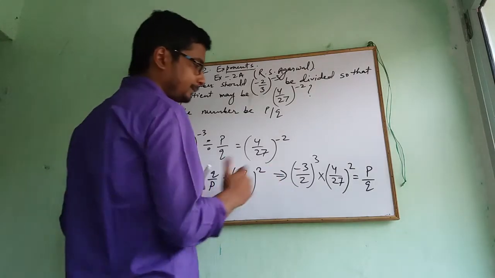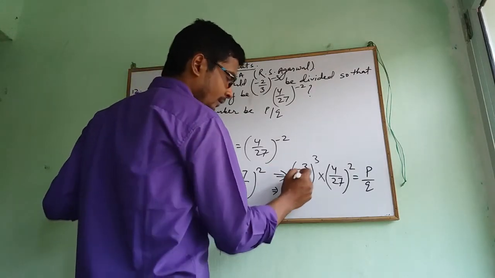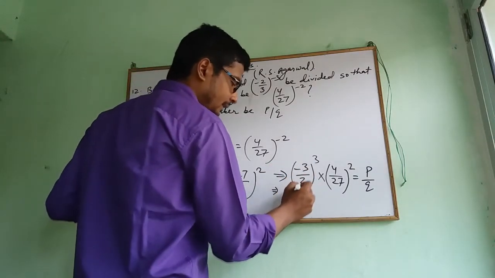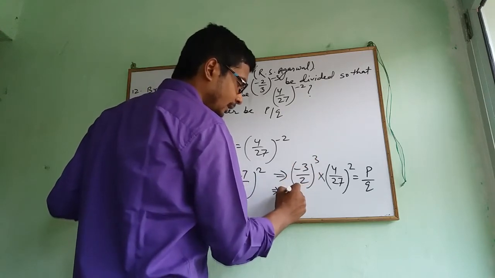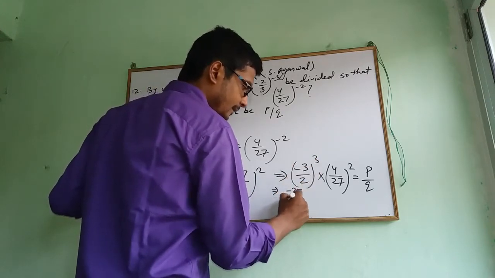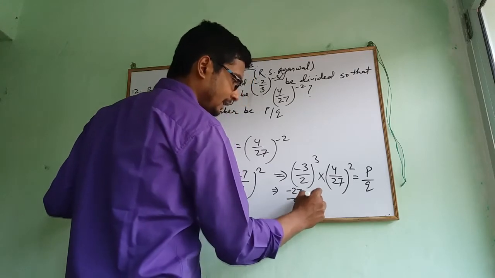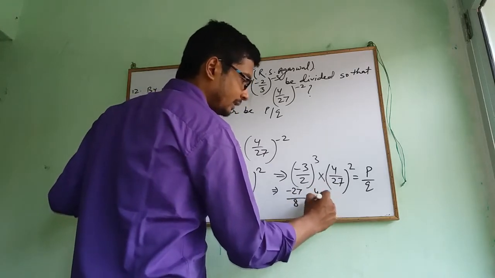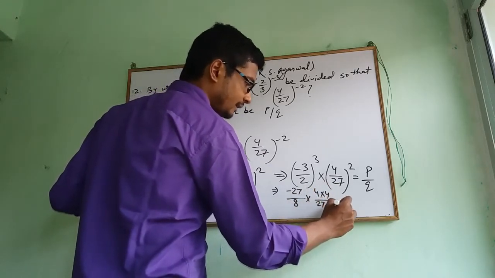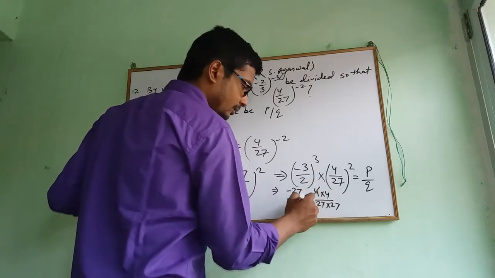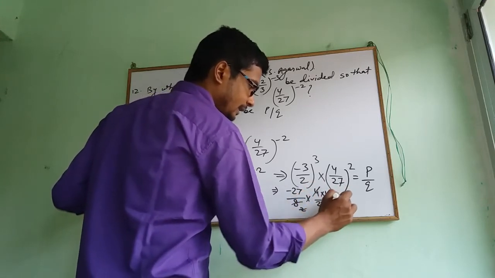Now you can write it like this: minus 27 divided by 8 multiplied by 4 into 4 divided by 27 into 27. So it will be cancelled out.